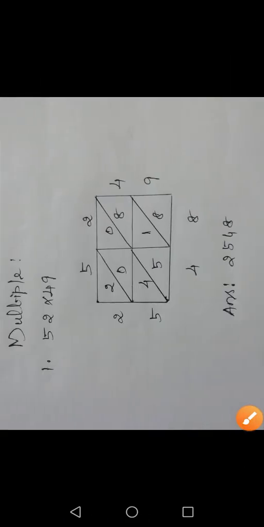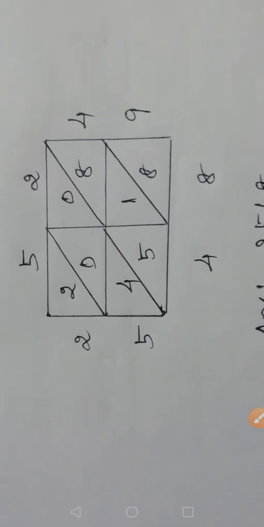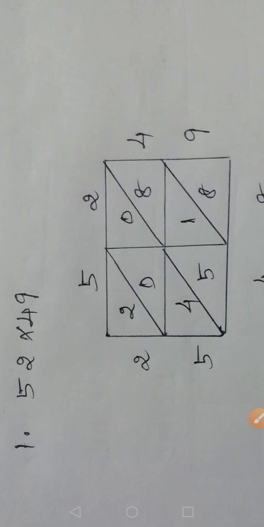Okay, one more question. 52 into 49. Now you see, students, 2-digit numbers are given, the multiplicand and the multiplier are both 2-digit numbers. So we know how many rows and columns are needed.